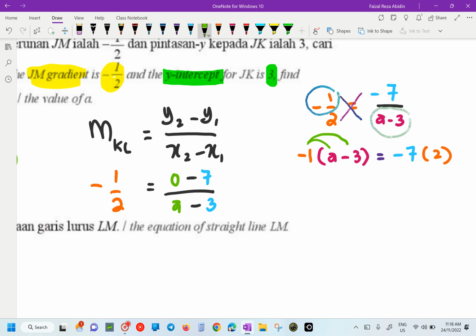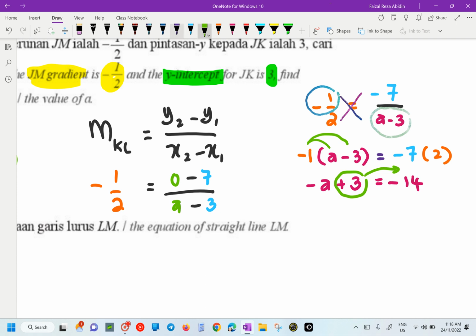So what should you do next? Expand. Negative 1 times a is negative a. Negative 1 times negative 3 is plus 3, equals negative 7 times 2, negative 14. So if I want to find my a over here, bring 3 to the right side, minus.